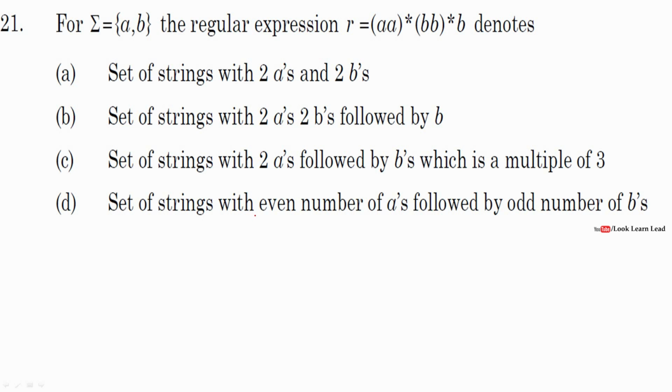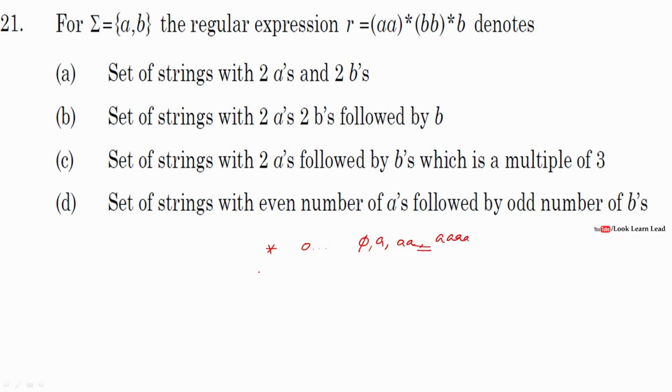Next. For a and b, the regular expression, what this denotes. So we have to see. When it is star, it is either 0 or more a's. So it can be no a, or a, or aa, or aaa.